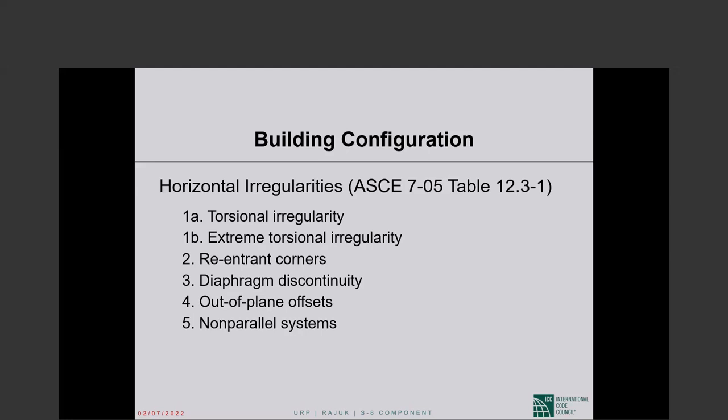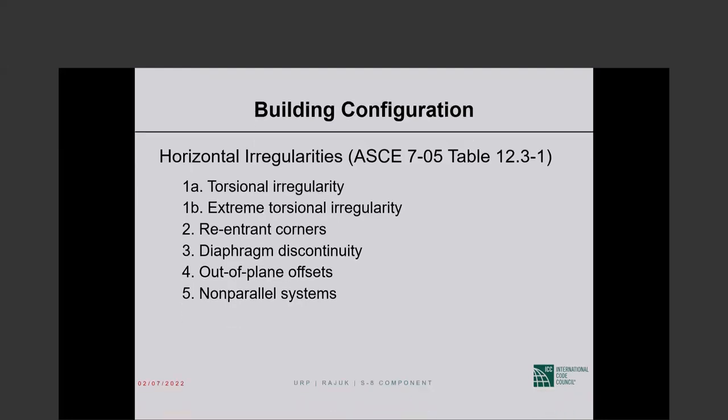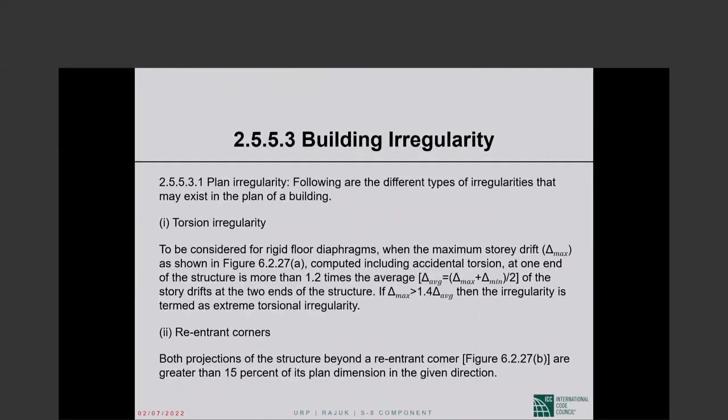We will talk a lot about them, particularly tomorrow. So every detail will become clear. But for now, those are categories of horizontal irregularities that are recognized in ASCE 7.